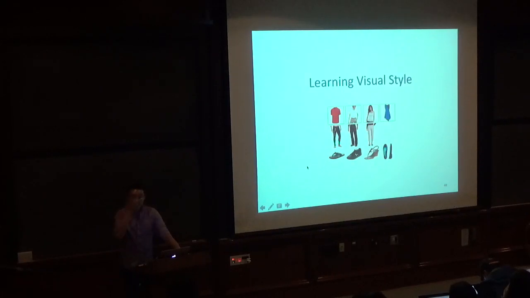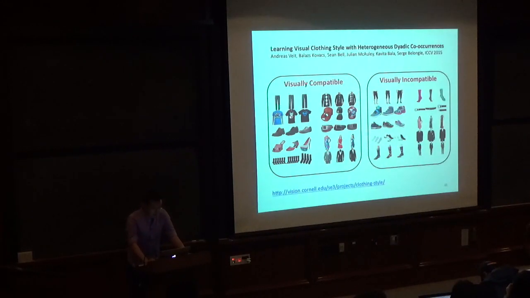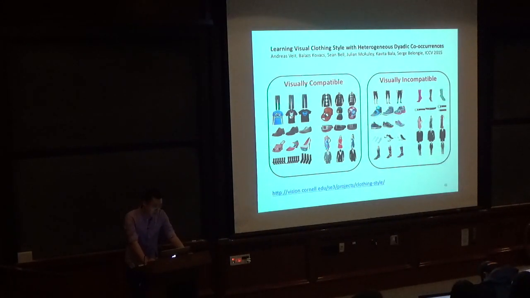I'm running a little short on time, so I'm going to speed through the next couple of sections. Learning visual style. The motivating application here is, can we find sets of clothing based on their visual compatibility?